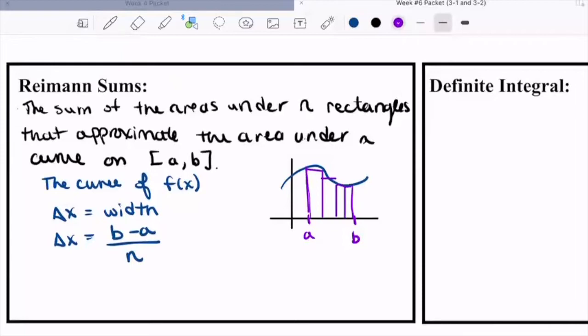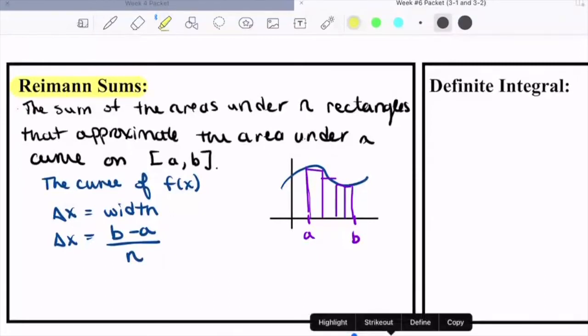In the previous videos, we looked at a specific method for creating those rectangles, but in general, a Riemann sum doesn't specify the method. What we were looking at before were Riemann sums with left endpoint rectangles or right endpoint rectangles. But in general, a Riemann sum is just a way of estimating area by chunking up what we want into rectangles.